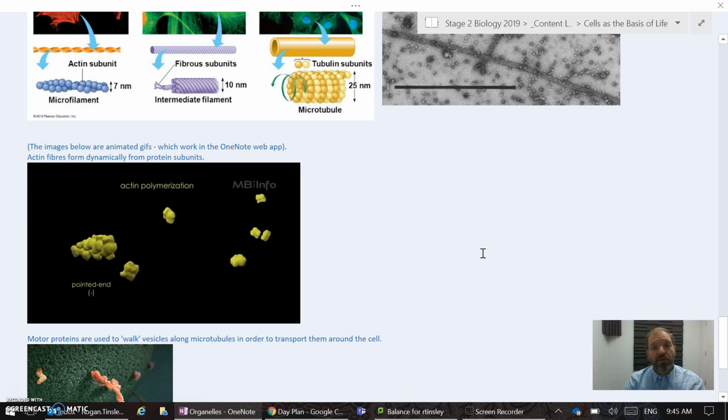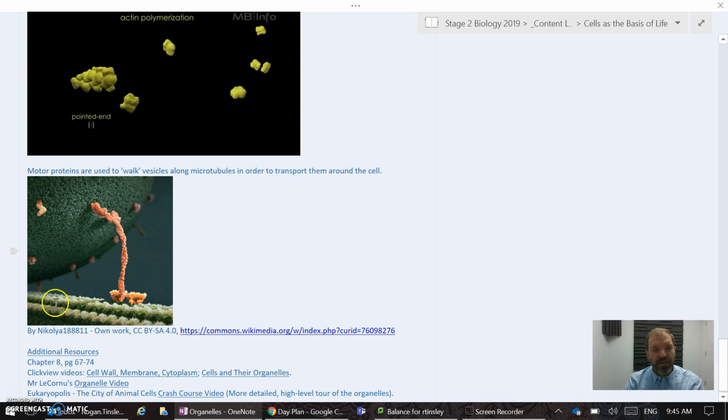If you go on to the online version of these notes, these images are going to be animated. Unfortunately, it doesn't work in the desktop version, but here is an actin filament being made by polymerization. So you've got lots of these subunits that stick together, as we see up here, to form and remove as that goes along. And here is a microtubule with a vesicle attached to it via this motor protein.